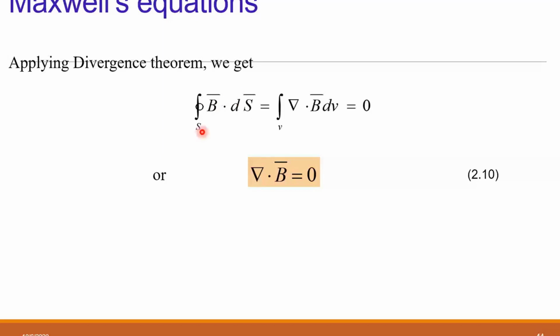B bar may be valid, D bar may be valid, E bar is also valid, but the quantity should be a vector quantity. Then here you write dS bar, here you write dv, and here you show the closed surface integration and closed volume integration. A closed surface always constitutes a volume, so the surface integration becomes a volume integration.